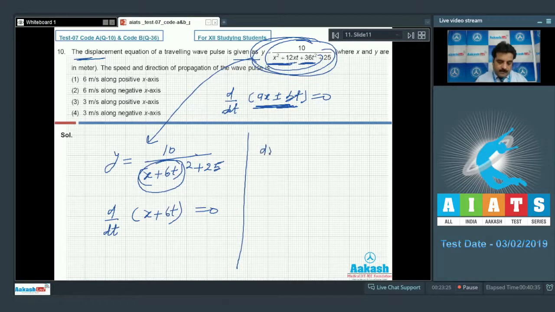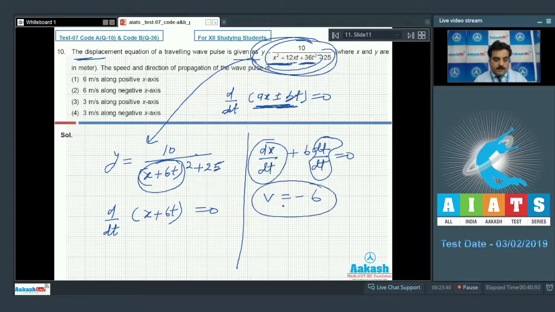So when you differentiate, dx over dt plus 6 dt over dt is 0. So dt over dt is equal to 1, and this is the speed. So v is equal to minus 6, and this minus sign will indicate the propagation of wave along negative x-axis. So by this calculation I can say my option number 2 will be the right choice, 6 meter per second along negative x-axis. So let's move on to question number 11.